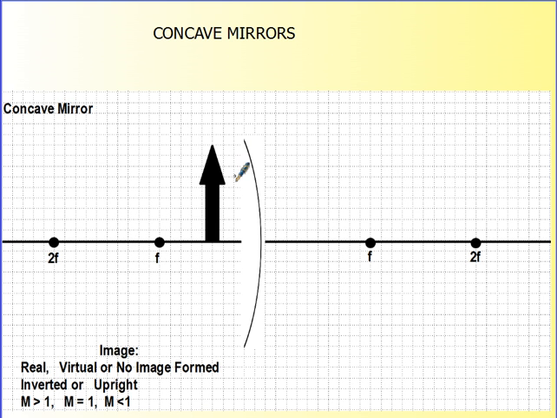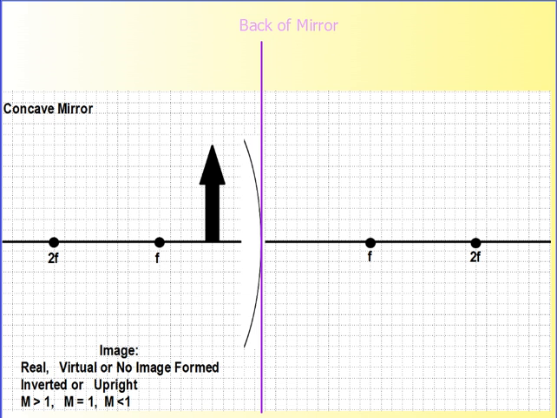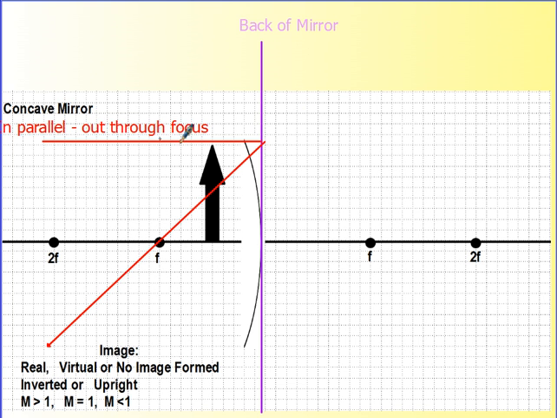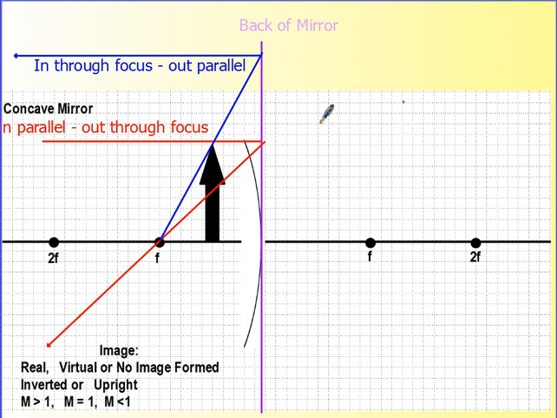Now, what if you're inside the focus? Let's do these ray diagrams. First, draw on the back of your mirror. That's very important. Now, you're going to go in parallel and bounce off through the focus. That's fine. You don't do anything different just yet. Then you're going to go in through the focus and bounce off parallel. Now, you're starting to see there's a problem because you're always looking for the intersection of the reflected rays.